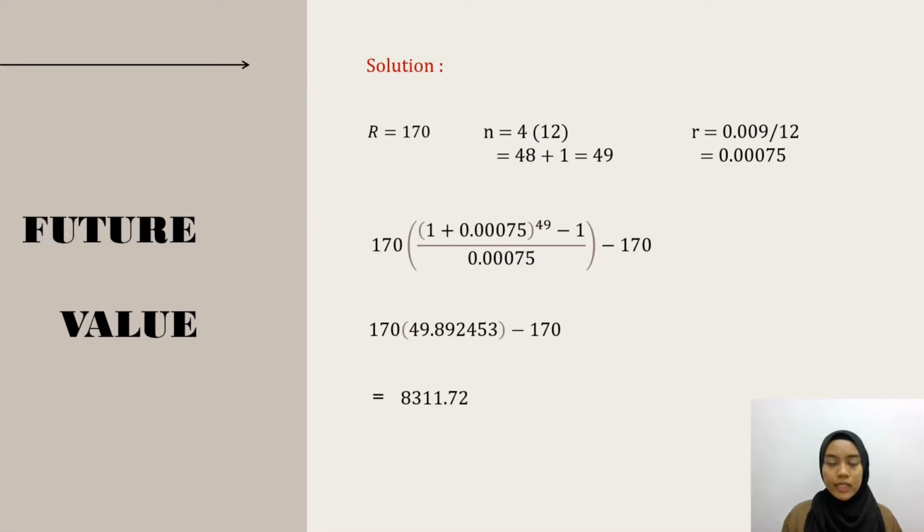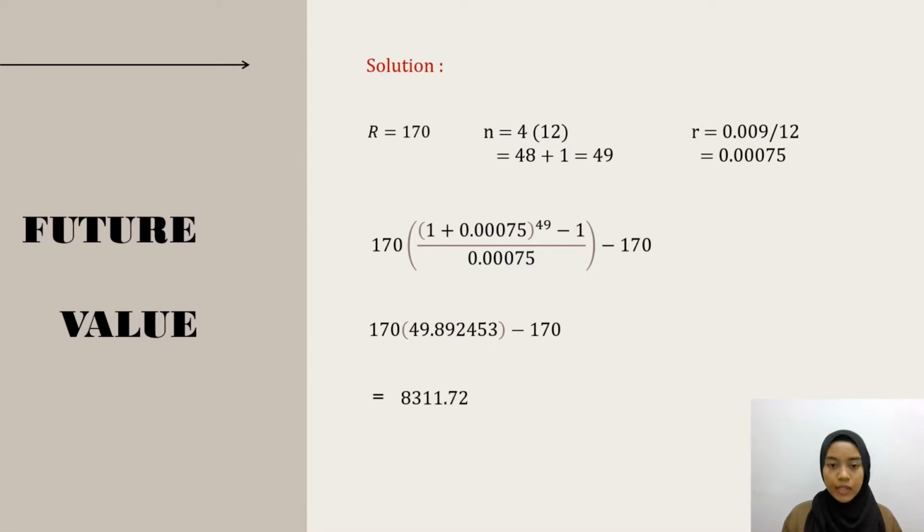So our N is 49 and R is 0.009 divided by 12. Also here divided by 12 because it's compounded monthly, and we get the answer 0.00075.